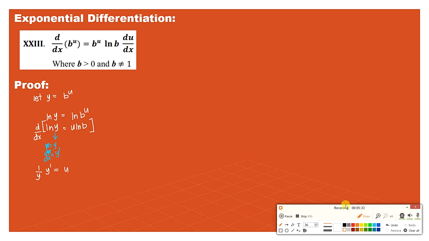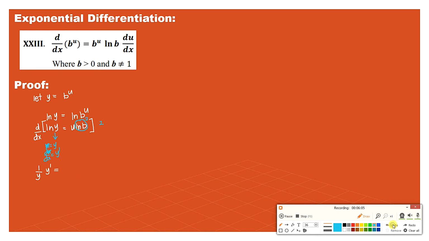So, para hindi malito, yung ln b, isipin nyo siya ay, kunwari lang ha, ay 2. So, parang 2u. What is the derivative of 2u? 2, diba? 2 du over dx. Parang ganon. So, babalik ko lang, na kunwari kasi si 2 ay ln of b, kaya babalik ko lang na ln of b.